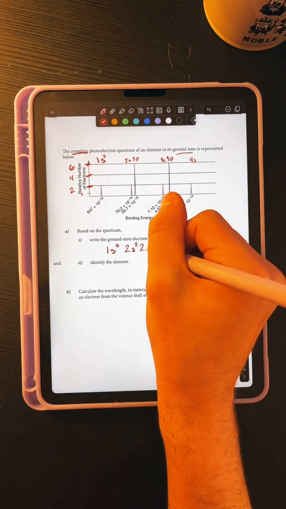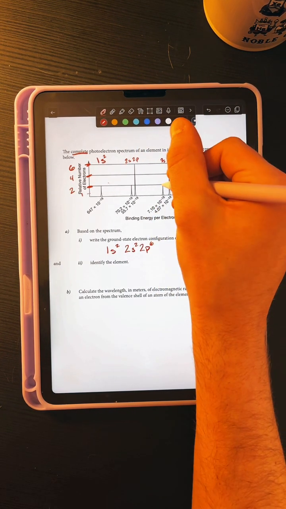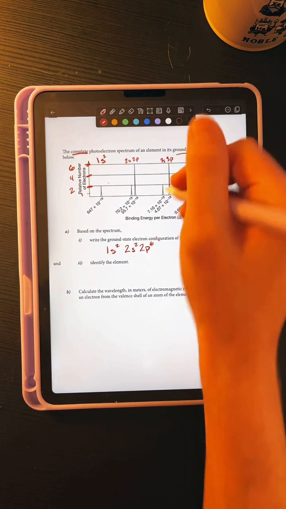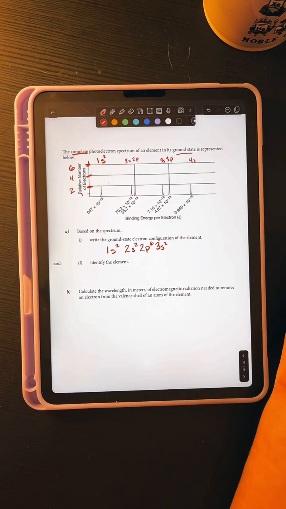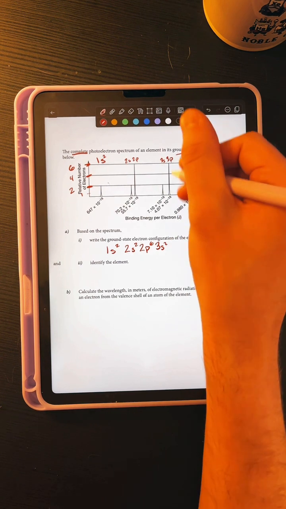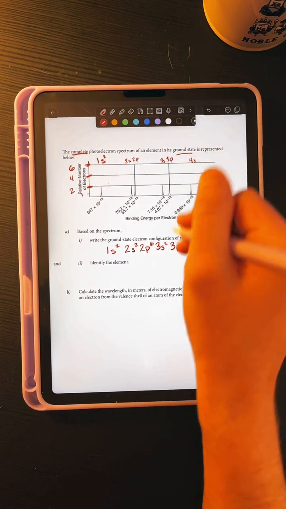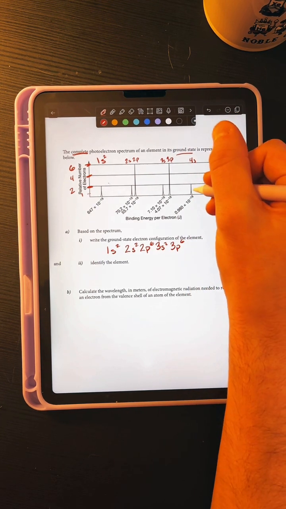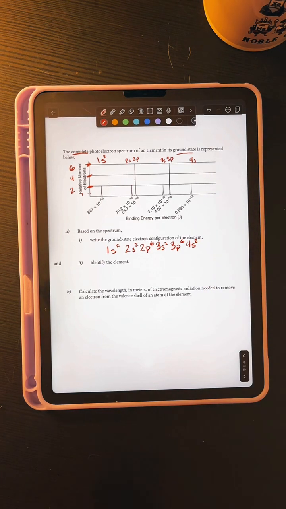We're now on our 2p line, and it goes all the way up to 6. Then we hit our 3s, and it hits that first line, meaning 2 electrons. And then we're at our 3p peak, and it goes all the way up to 6. And then we're at our 4s line, and that is filled at 2.